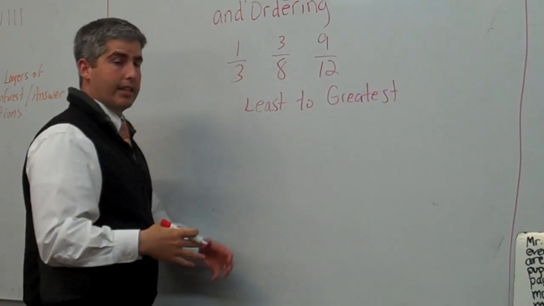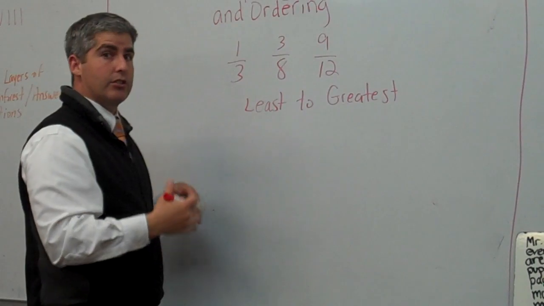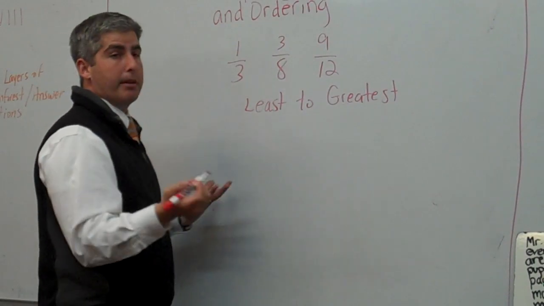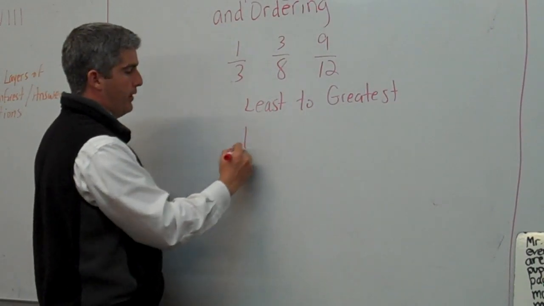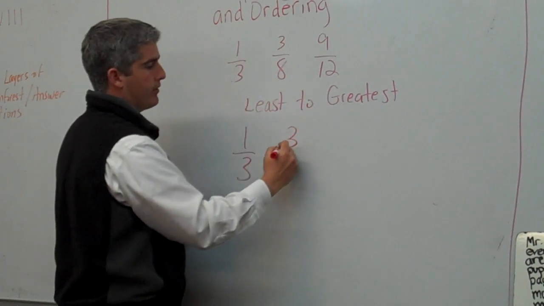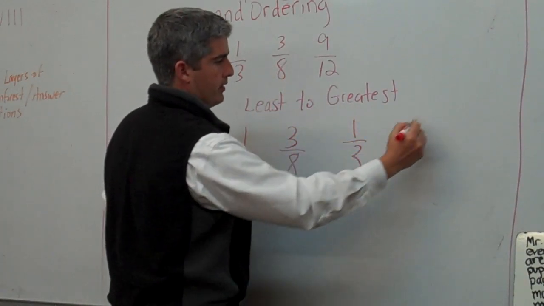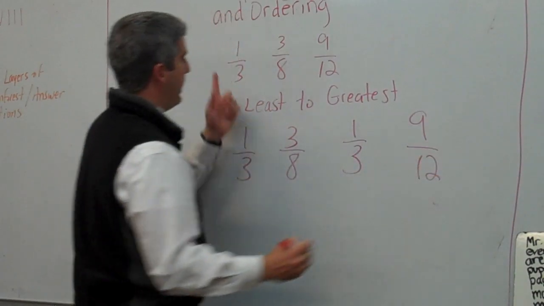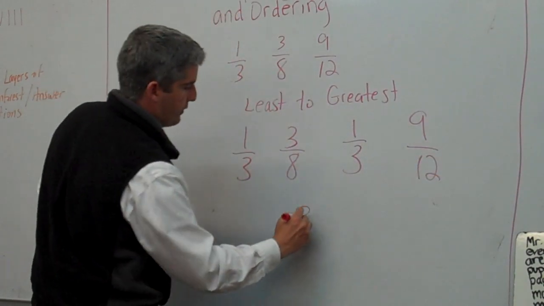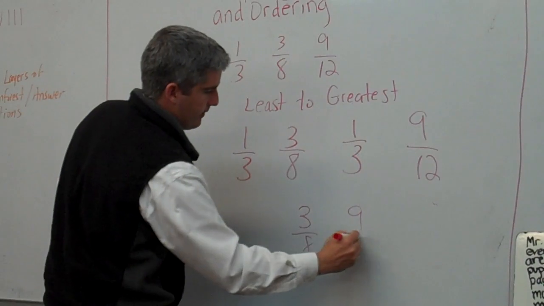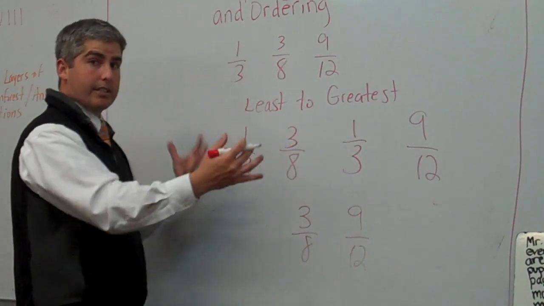So what I like to do is say, okay, we're going to compare all these fractions using cross multiplication, and then we'll be able to put them in order. So we have to compare 1/3 to 3/8, 1/3 to 9/12, and 3/8 to 9/12. I'm just going to do all this at once to save me some steps.